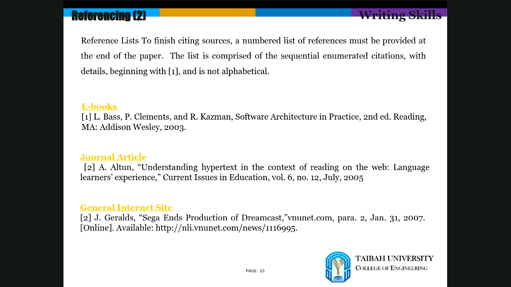For a journal article, it's the same thing. You have the names, the title of the article, the title of the journal, and then who published it and which year.